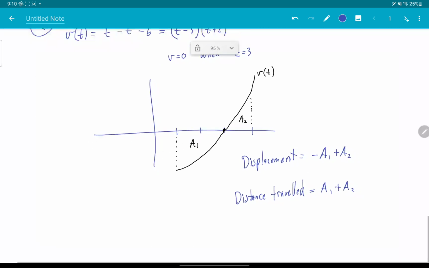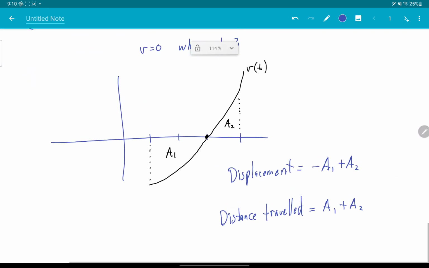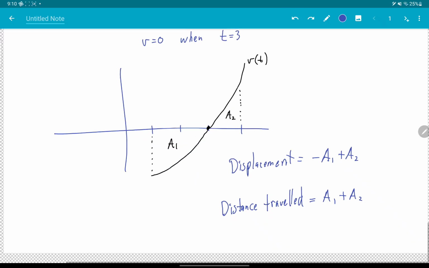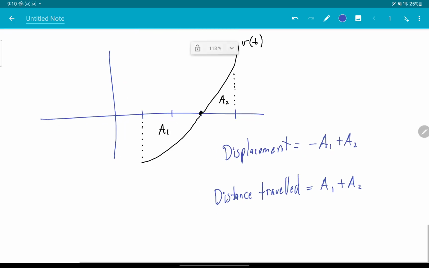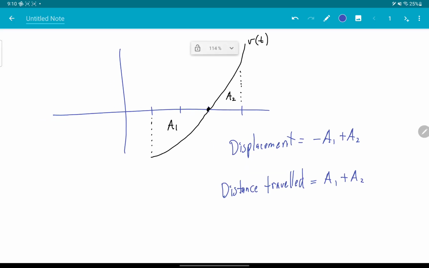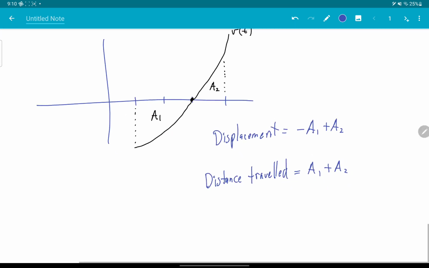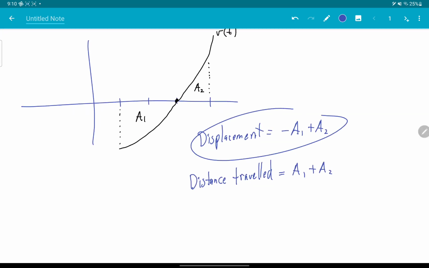When you're talking about distance traveled, I may have a negative velocity here, but I don't want to have this subtraction happening here. If I go forwards or go backwards, I'm still covering distance, so I want that to be counted properly. When I did displacement, this is what my integral here was able to calculate.